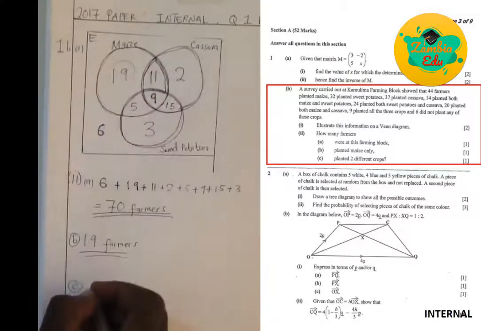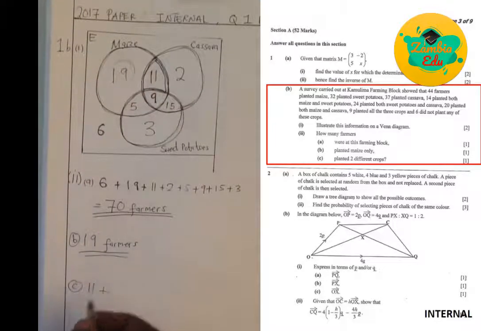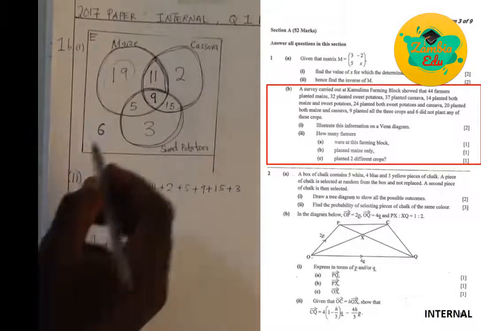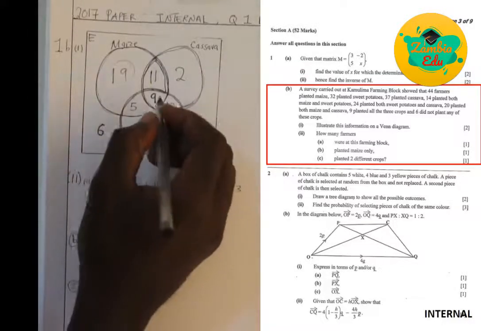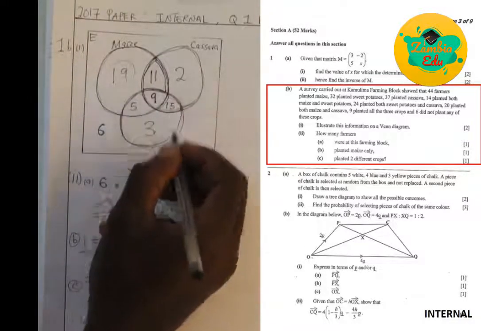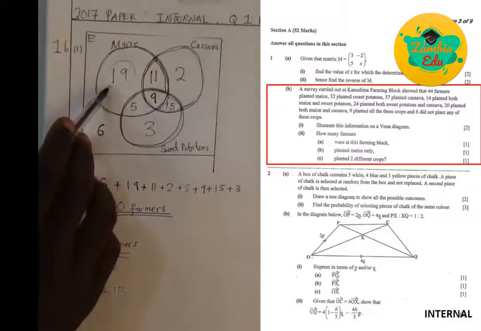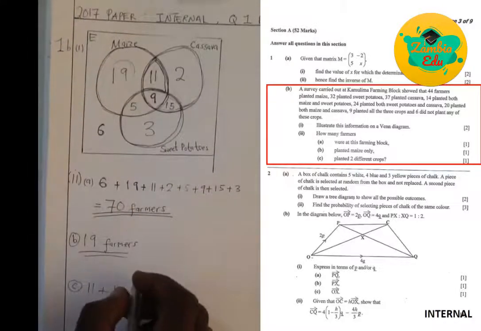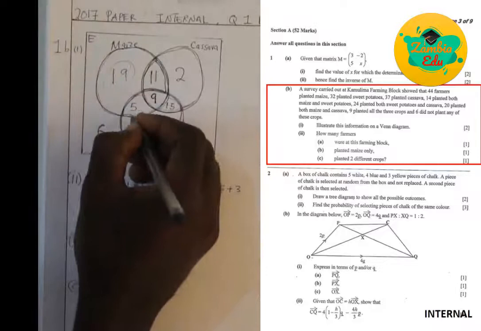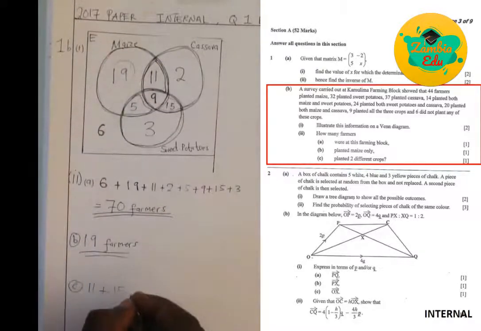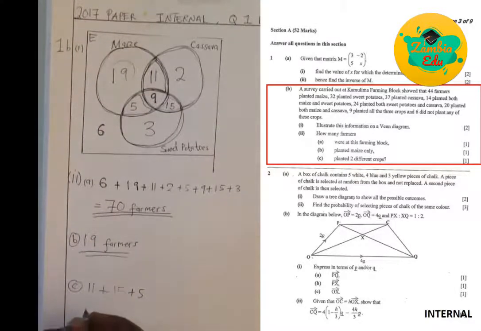The intersection there is 11, plus we go to the intersection for cassava and sweet potato. We have 15 there, so we add 15. And then lastly, we go to maize and sweet potato, and the intersection right there is a 5, so you do plus 5.